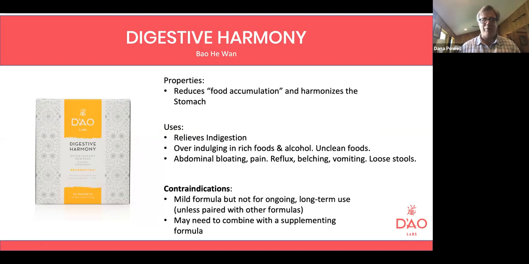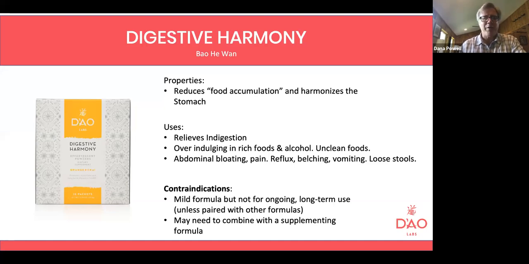In practice, we often use it to relieve indigestion, particularly when we overindulge in rich foods and alcohol, or if we've encountered some foods that are not clean, a food poisoning type situation. These patterns often present with abdominal bloating, pain, reflux, belching, vomiting, loose stools. So this is a wonderful formula.